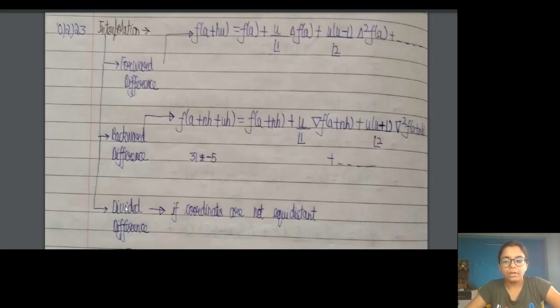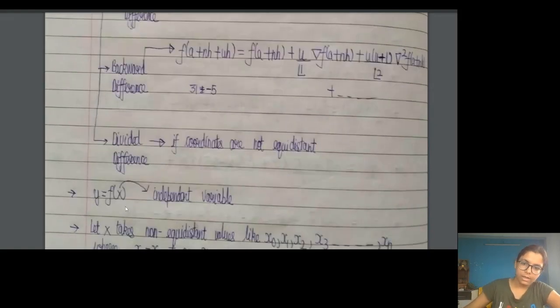In reality, we do not always follow forward or backward difference, as the given data sets are not always equidistant. And so for that situation we have divided difference.